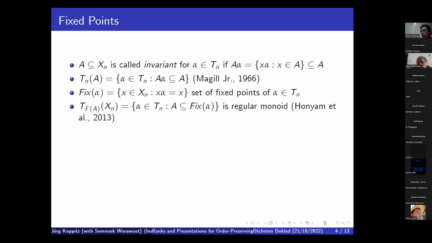And this was shown 10 years ago. This forms a regular monoid. Now we can ask, I said subset. What happens if we ask that the given set A is exactly the set of fixed points?